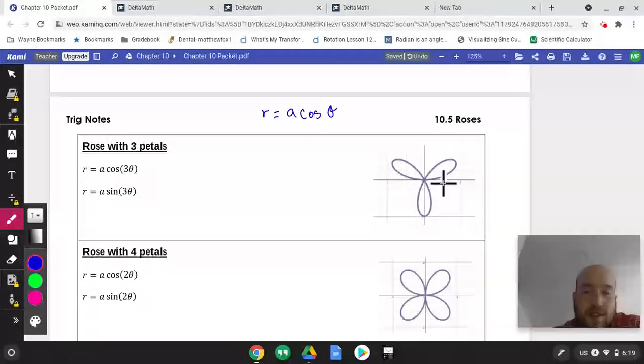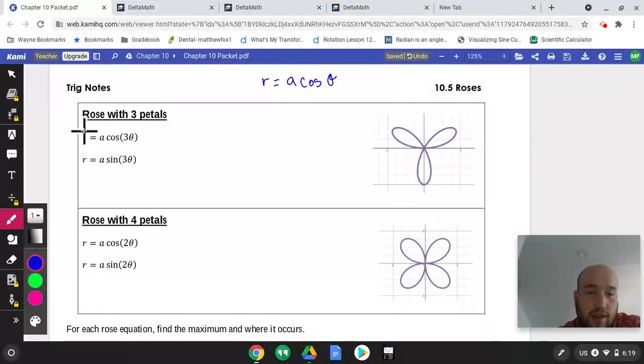That 3 in there causes us to get our petals instead of just a circle. In the same way, the 2 causes us to get 4 petals. So anytime there's 3 theta, that's going to be a 3 petal rose. 2 theta, we have to double it, and we get 4 petals for the rose.